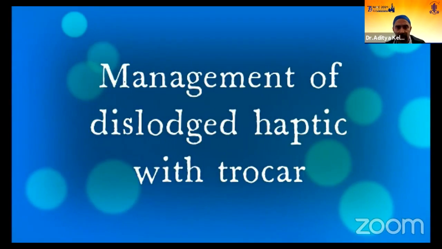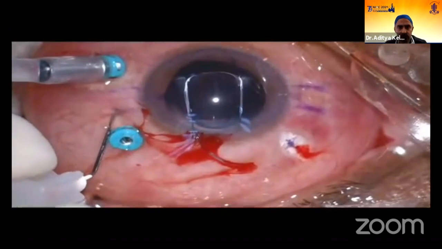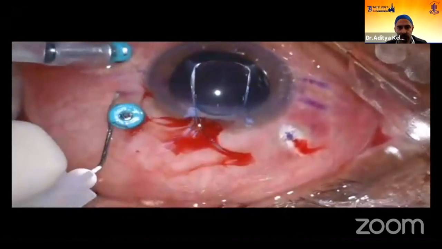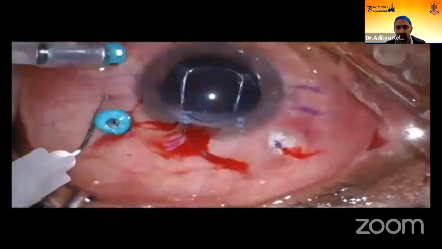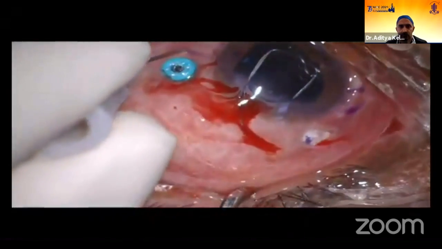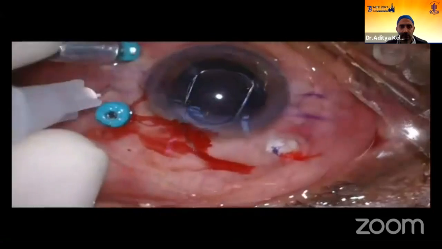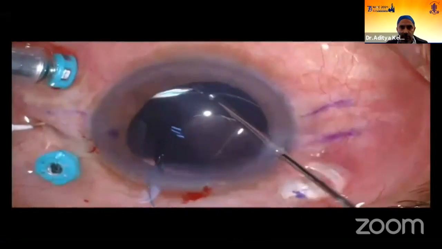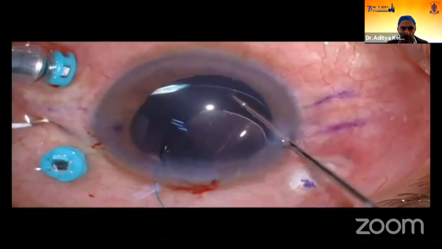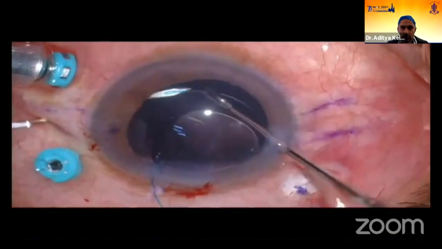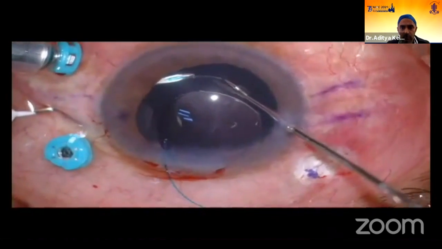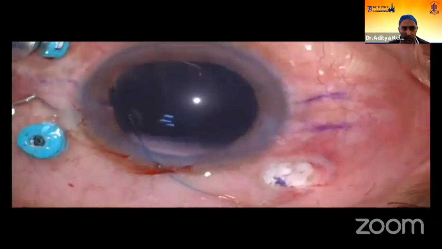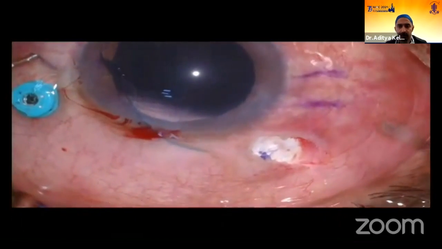Same thing can be done with the help of a trocar, just in case you are not confident with the needle technique. This is a patient who had a dropped nucleus, so that's why you see a small opening on the superotemporal side for the fragment removal.